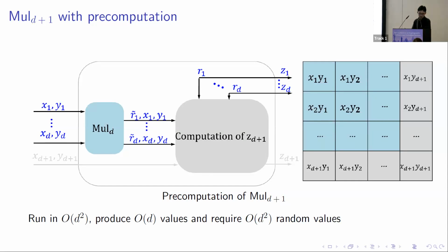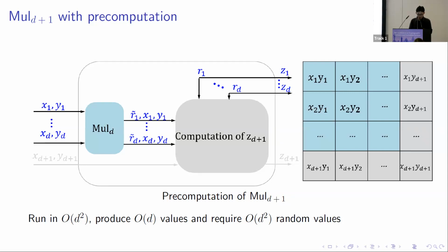The main advantage of our new scheme is its suitability to the paradigm mentioned before for K equals D plus 1. The pre-computation phase covers the recursive part. It takes D shares of each input and produces D shares of the output as well as some pre-computed values.